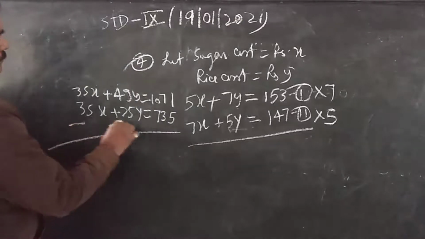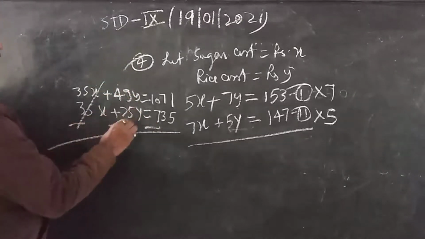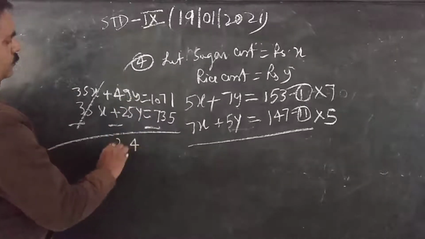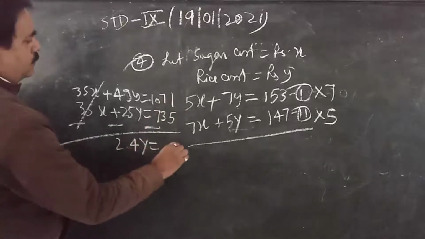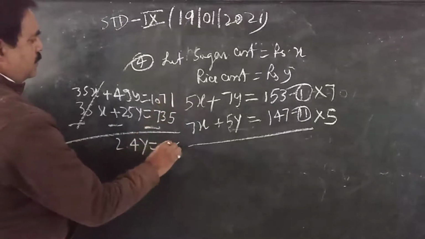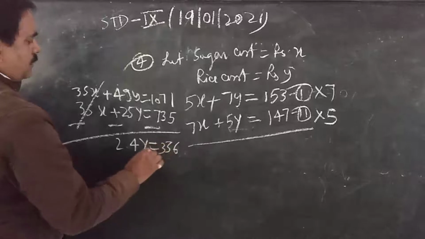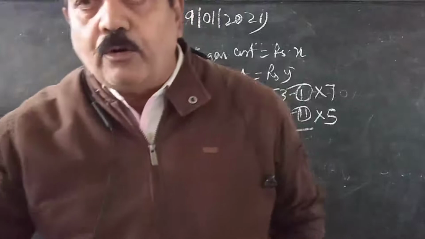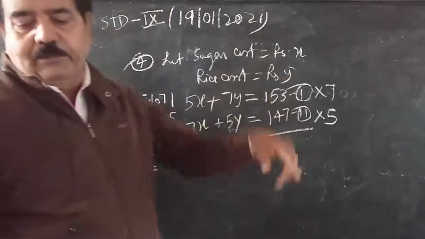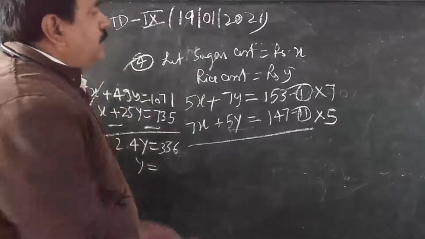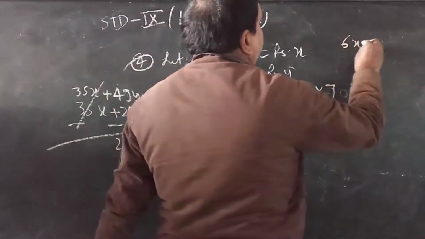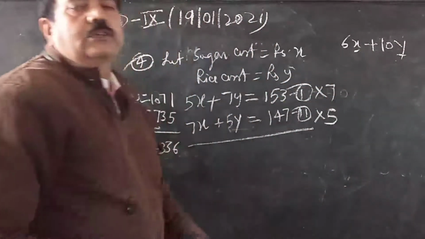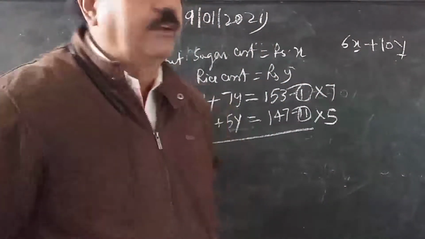Now subtract it, cancel, 49, 25, so 24, 2y is equal to some value. So y you will get this value. After getting this y value, put this value of y in any of the equations, you will get the value of x. Then you have to find 6x plus 10y. Put the values of x and y here. That will give the total cost of 6 kg sugar and 10 kg rice.